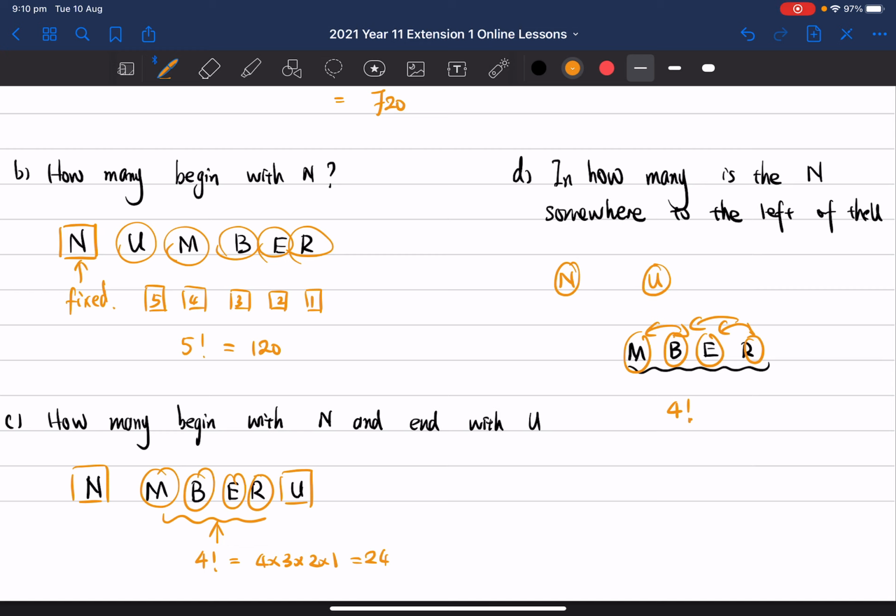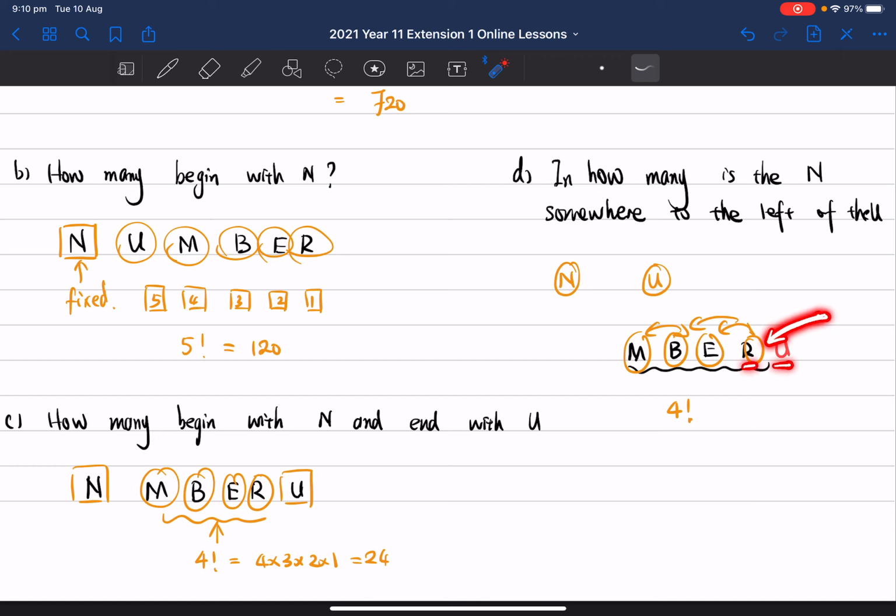Now you start to look at where you need to put the letter U. For example, if I put the letter U here, now N must be somewhere to the left of U, which means the first position is just beside U on the left-hand side, in between R and U.